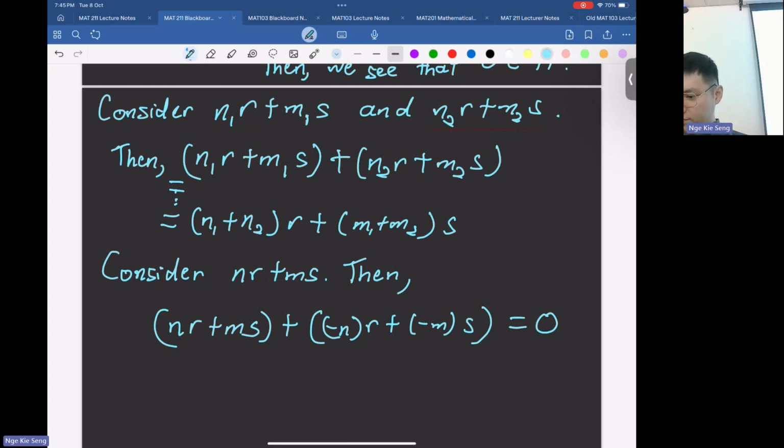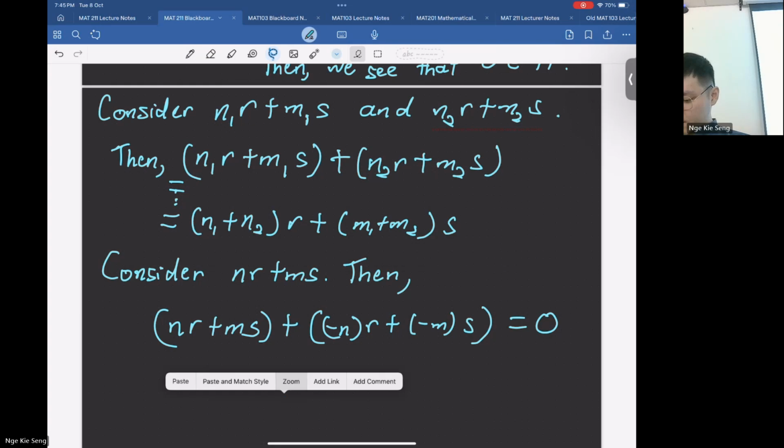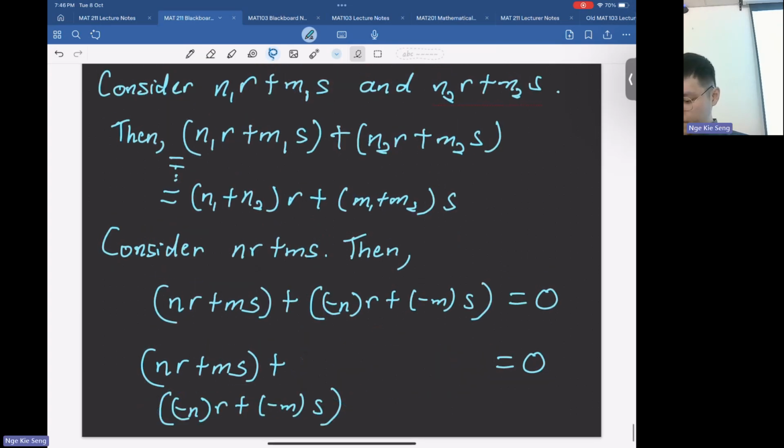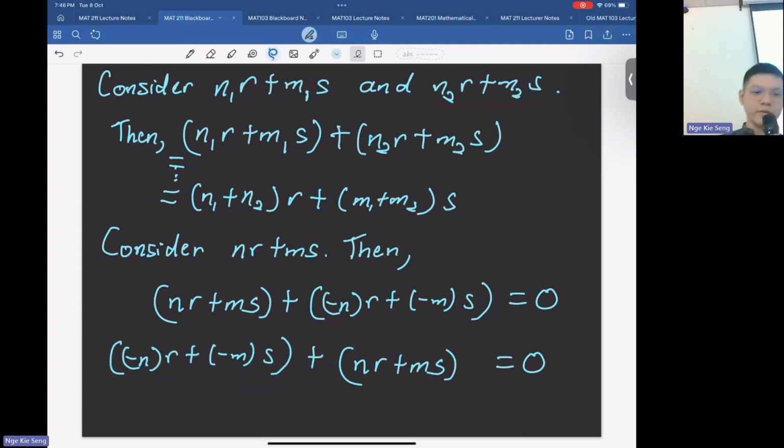Similarly, you need to check the other direction. Okay, cool. So this is a subgroup.